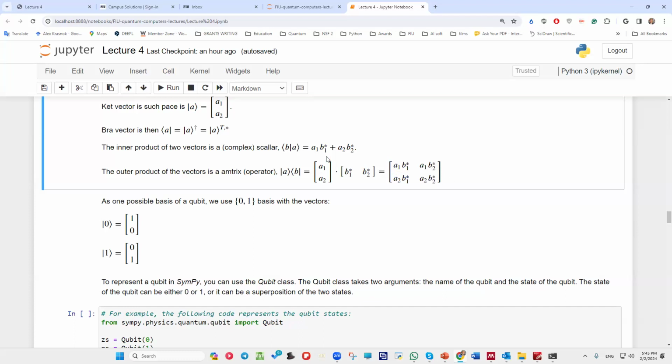We multiply row by column, and the row has only one element, and the column of vector B has only one element.